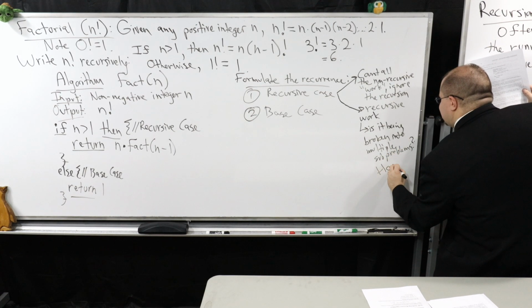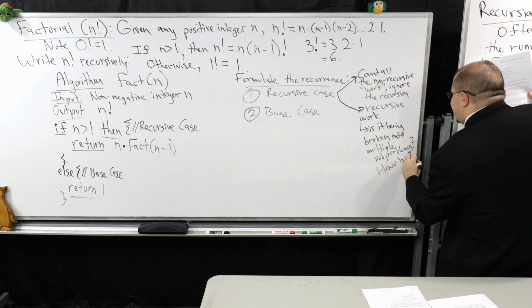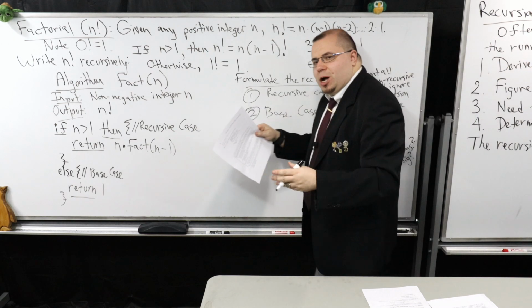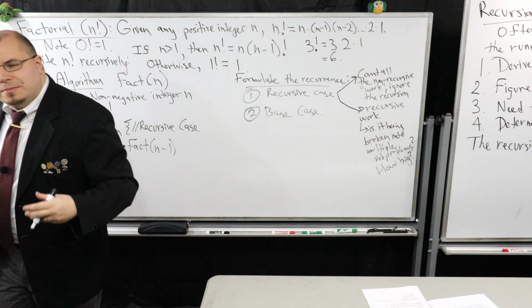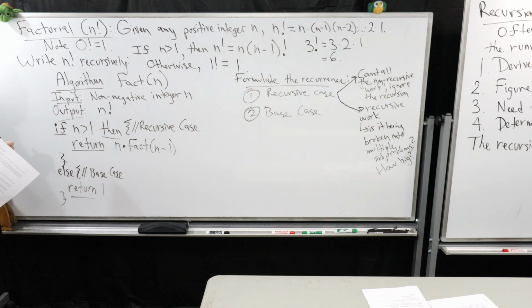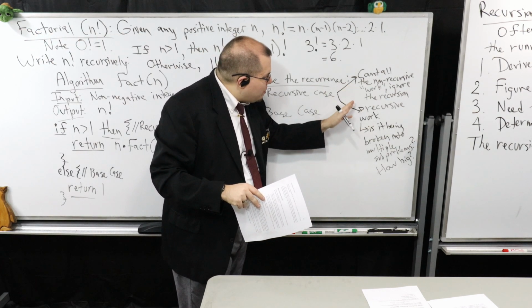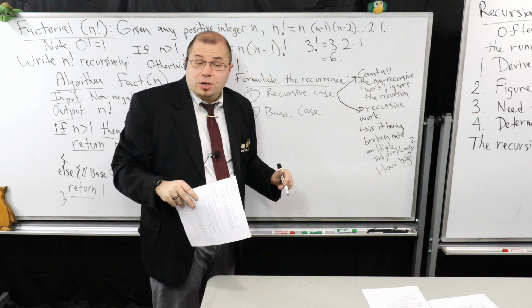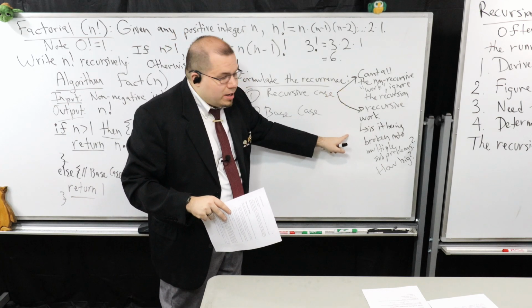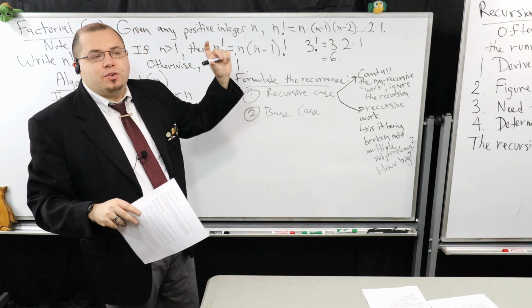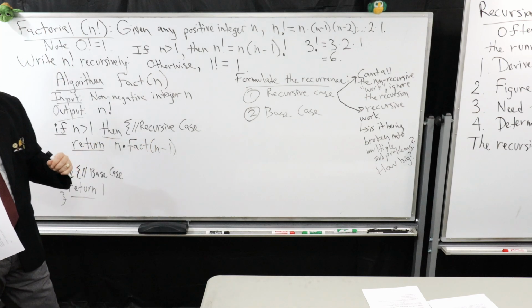How big? Because sometimes you're halving it, sometimes you're chopping it up into 3 pieces. Sometimes it's a little unclear. So usually it's a good idea to have both of these in place so you know you have identified both of these. You're going to find that when we formulate the recurrence relation, both of these are going to be accounted for in the first part of the recurrence relation.